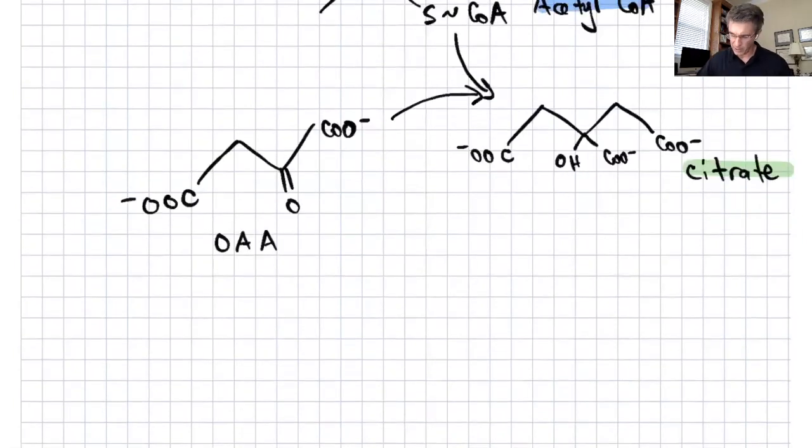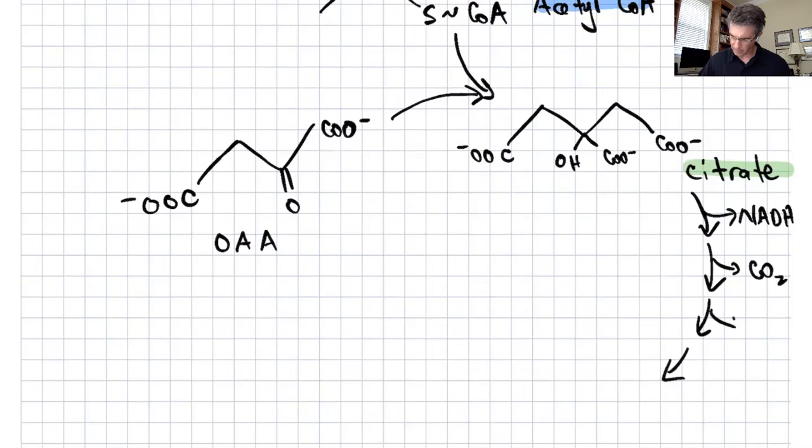Then we're going to run through a series of oxidative decarboxylations, not unlike the one we just ran, where we create some NADH and throw off some CO2. We're going to do this a couple of times, with some more CO2, to generate another thioester-containing compound known as succinyl-CoA.